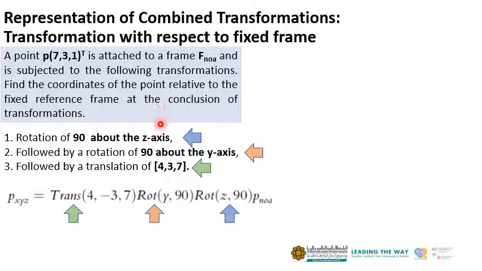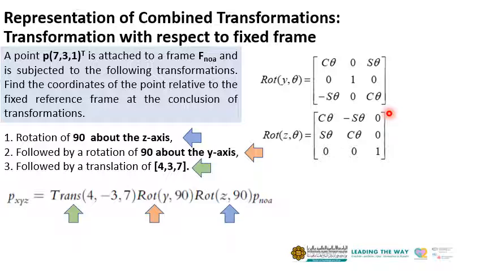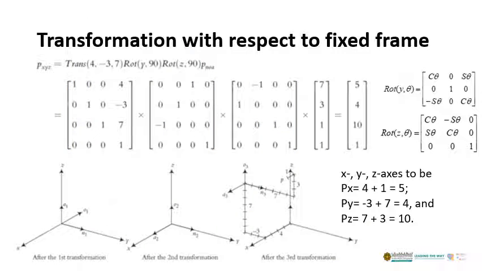You go in reverse order and do the multiplication to find your new Pxyz, and this is your original PNOA. You know the rotation with respect to Y is this one and the rotation with respect to Z is this one. If you put the values here, 90 degrees, you will get the answer as follows.